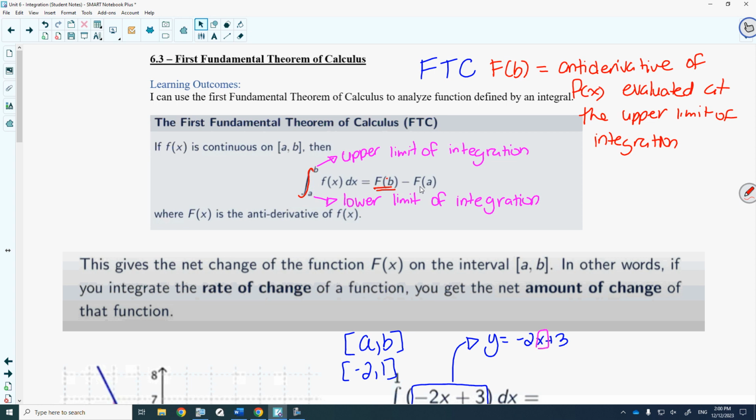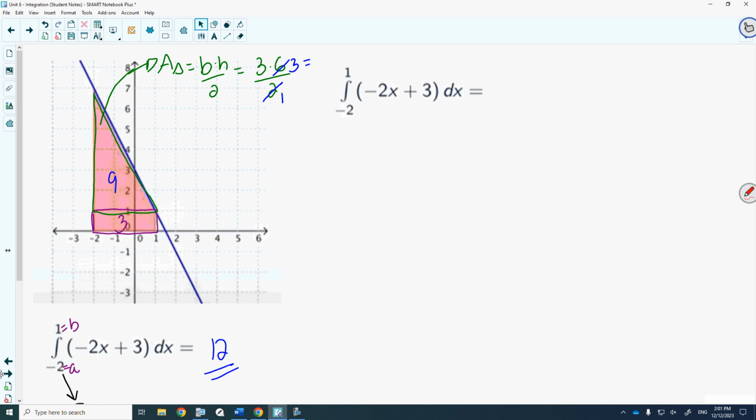And then f of a is going to be the antiderivative of that function evaluated at the lower limit of integration. Okay, so how are we going to use this?